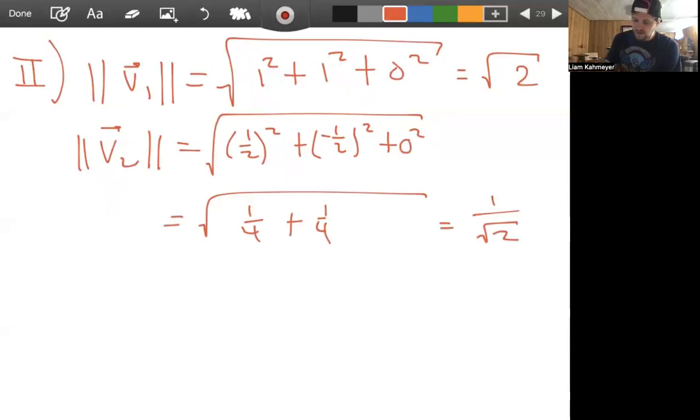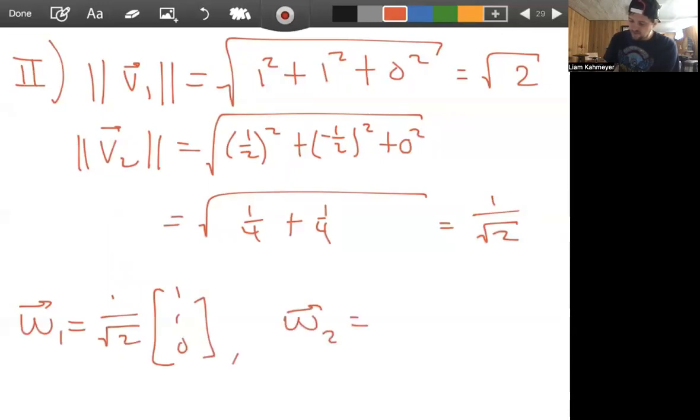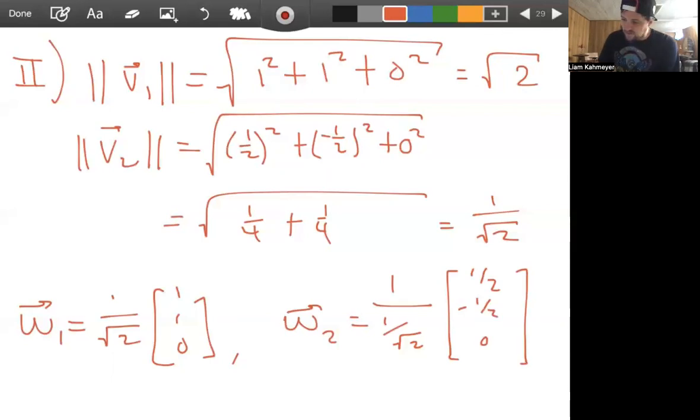So what we need to do then is say W1 is 1 over root 2 times V1, which was (1, 1, 0), and then W2 is 1 over 1 over root 2, that is, root 2, times (1/2, -1/2, 0). So W1 is going to be (1 over root 2, 1 over root 2, 0).